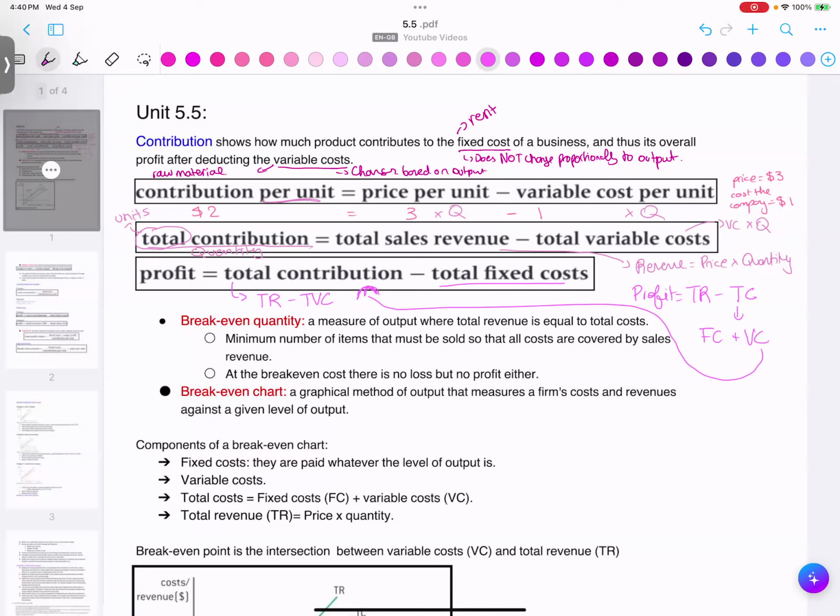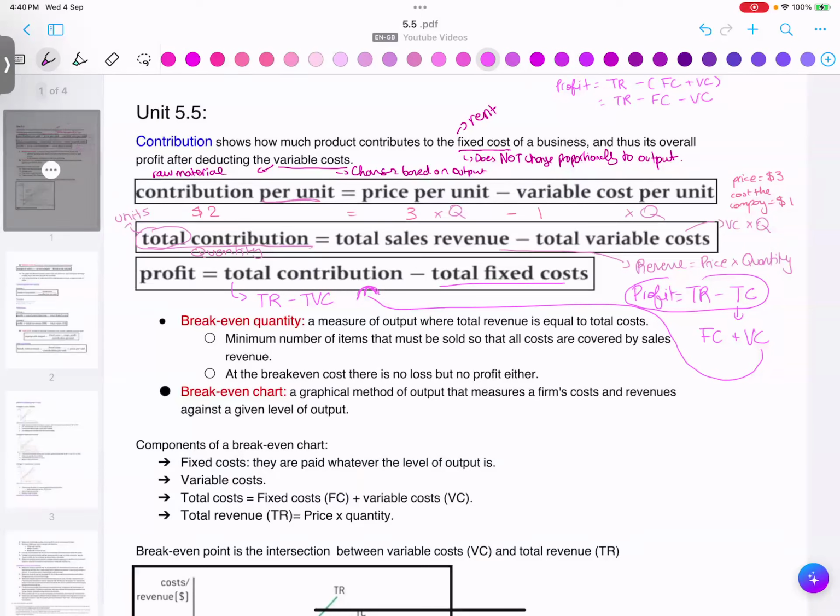That's the only thing that's different about this classical formula. I'm just going to write it here to clarify it even more. If you think about it, profit is total revenue minus fixed cost minus variable cost.